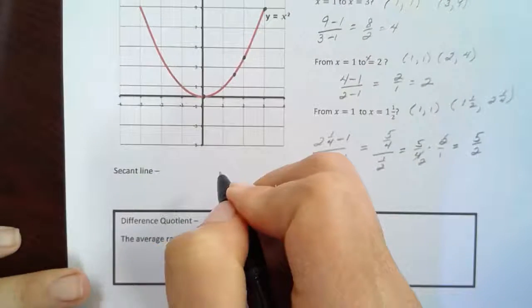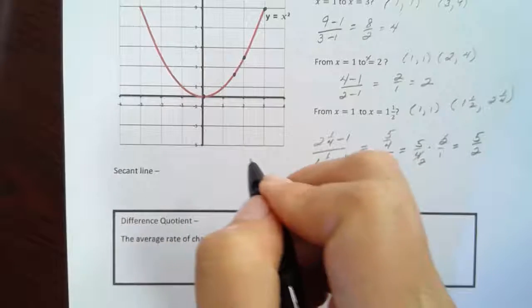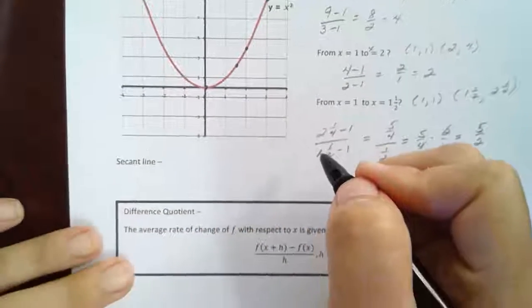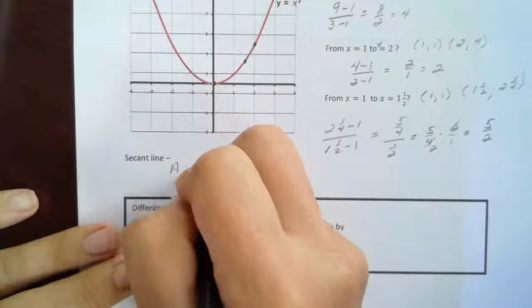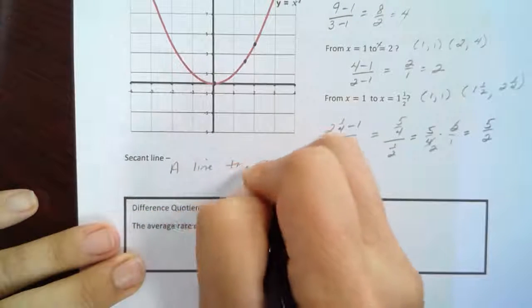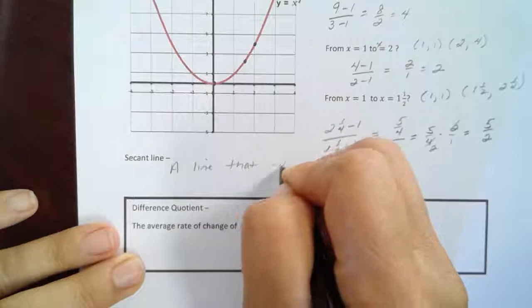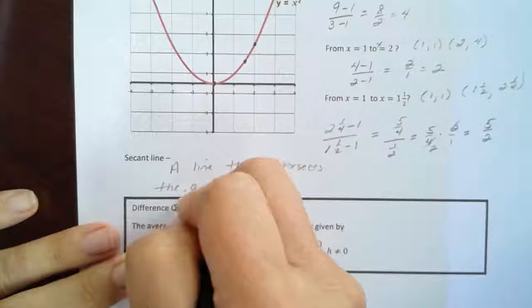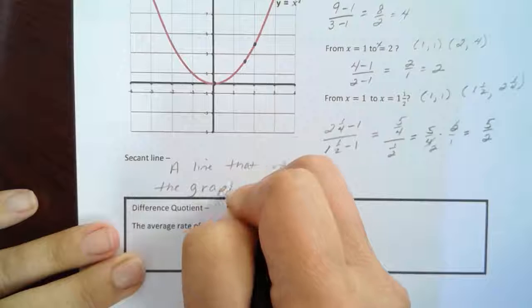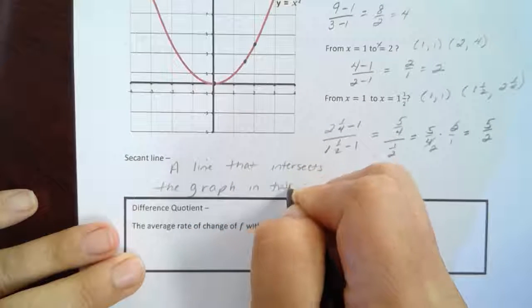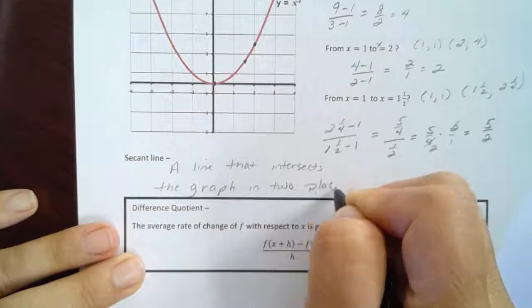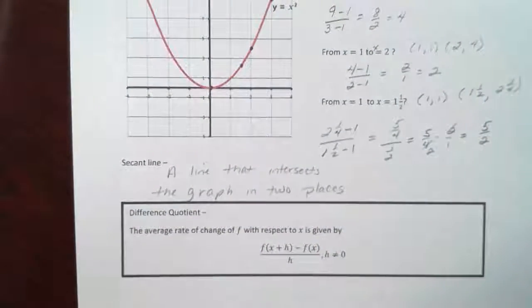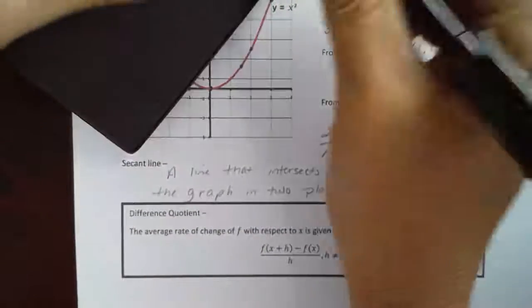Alright, secant lines are lines that pass through your graph touching in 2 places. We just found the slopes of 3 secant lines.